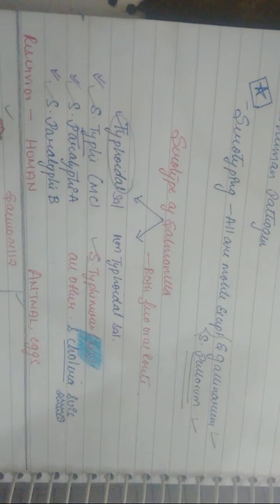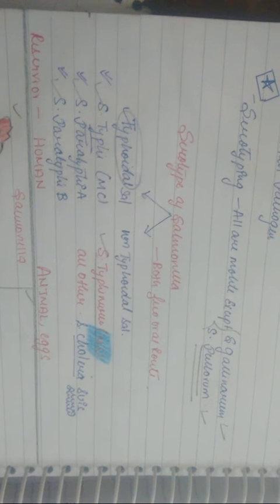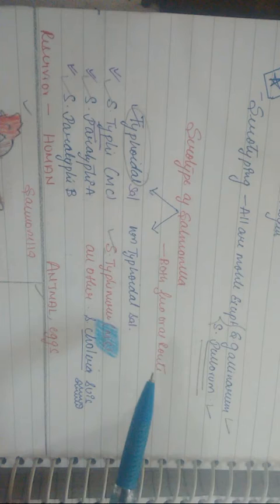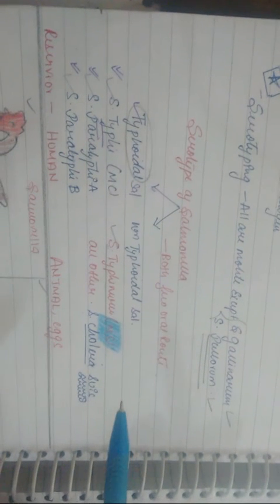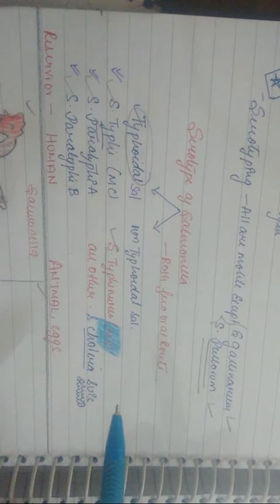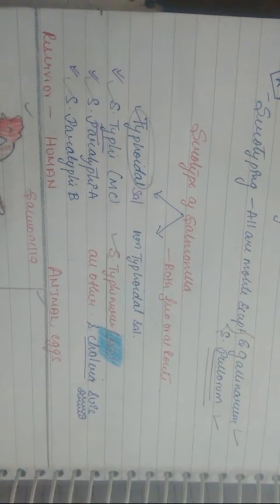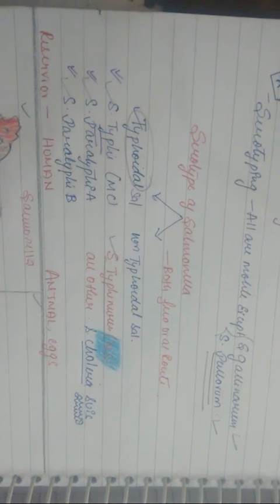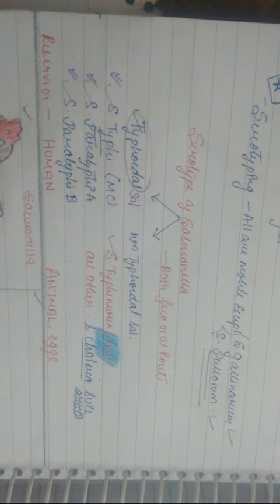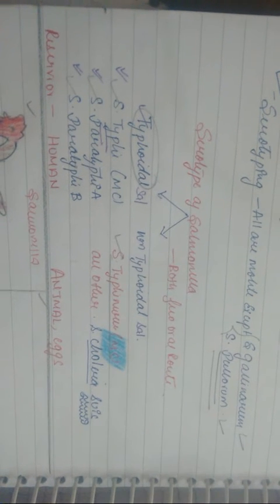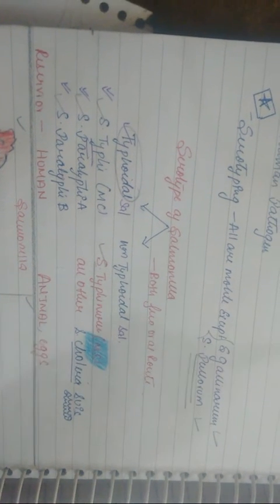These are Salmonella typhi, the most common cause of typhoid fever, then Salmonella paratyphi A and Salmonella paratyphi B. Next you have non-typhoidal salmonella, which are Salmonella typhimurium and Salmonella choleraesuis. That is what you have to understand regarding this.